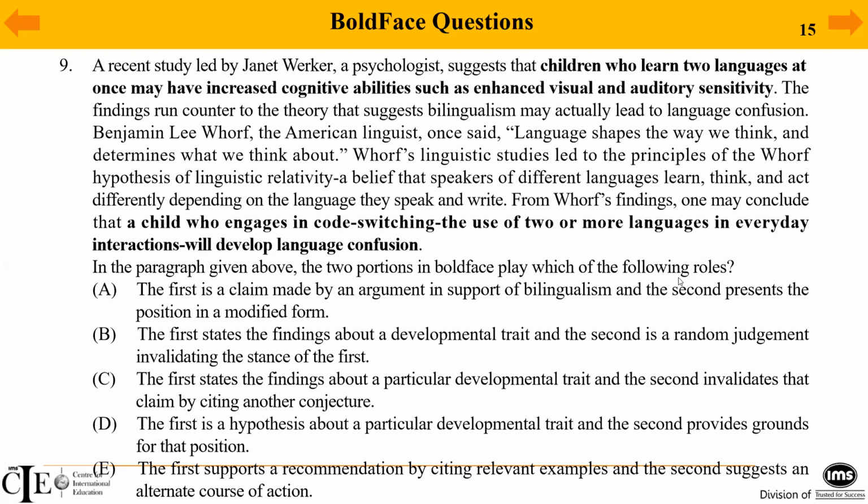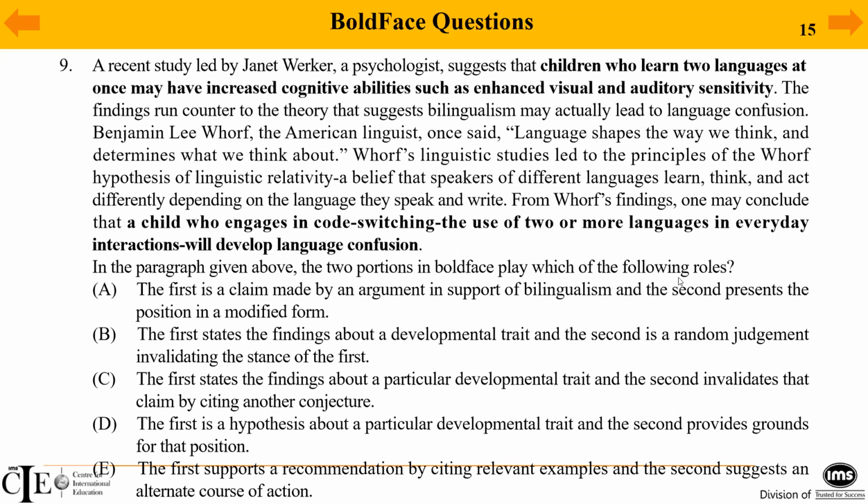Children who learn two languages at once may have increased cognitive abilities such as enhanced visual and auditory sensitivity. The findings run counter to the theory that suggests bilingualism may actually lead to language confusion. Benjamin Lee Whorf, the American linguist, once said, "Language shapes the way we think and determines what we think about."